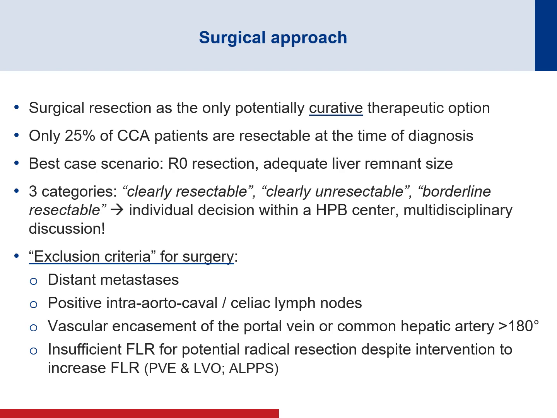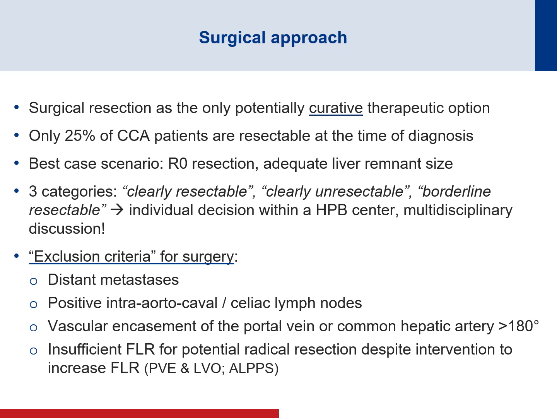In general, we can differentiate between 3 categories, namely clearly resectable, clearly unresectable, and borderline resectable. And as mentioned earlier, this issue has to be discussed within the multidisciplinary tumor board.